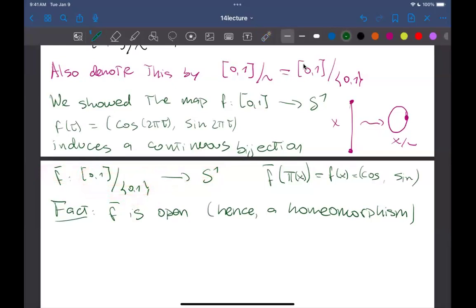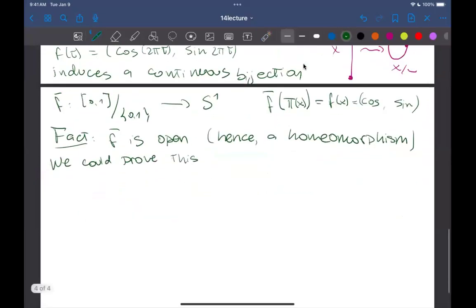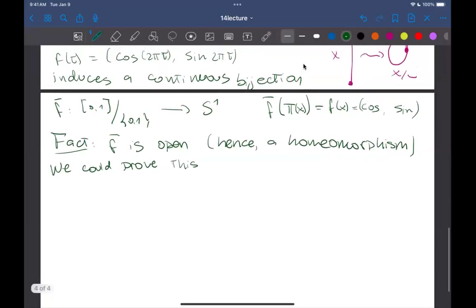And let me be honest, we could prove this with some work. Mostly what we need is somehow an inverse for the exponential map on this open set. We could prove this, but I really don't want to do this. Instead, I want to leave this as a hanging fact, but it will be just a one-line proof when we study compact spaces.